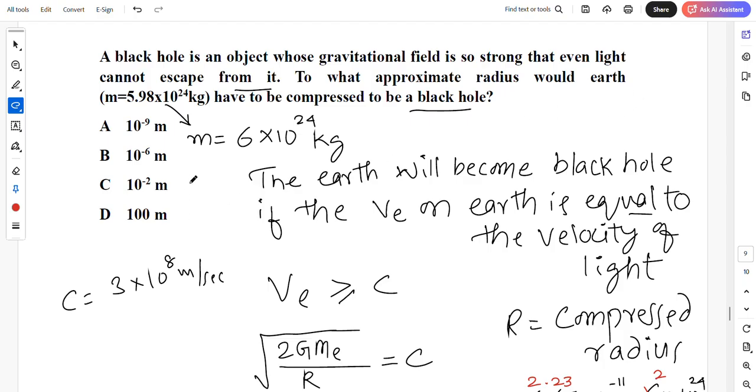It should be 10 to the power of minus 2 meter. That is not possible at all. If the radius of the Earth becomes 10 to the power of minus 2 meter, that is equal to 1 centimeter. Not possible. Anyhow, they have asked this in the problem. The Earth will become a black hole if the escape velocity on Earth is equal to the velocity of light, and that is coming around 10 to the power of minus 2 meter.